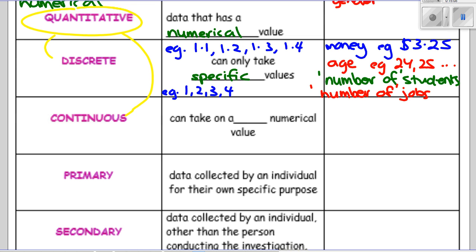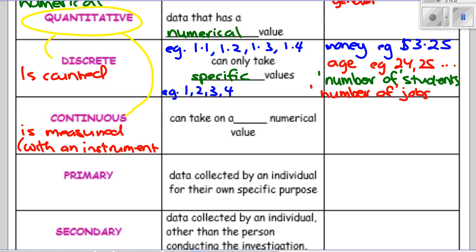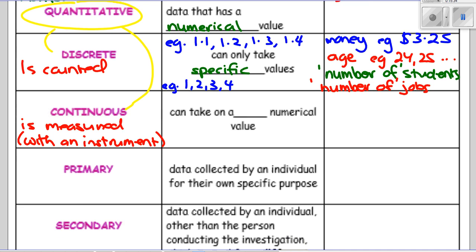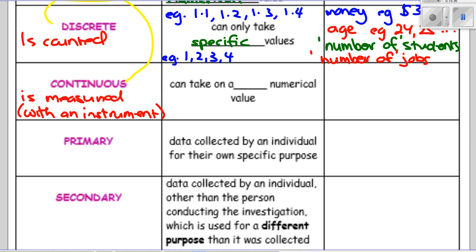So discrete data is counted, as opposed to continuous data, which is measured normally with an instrument of some kind, like a thermometer, a clock, weighing scales, a ruler. It can take on any numerical value.